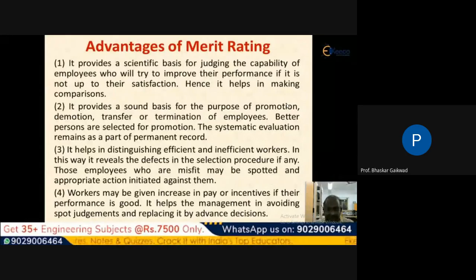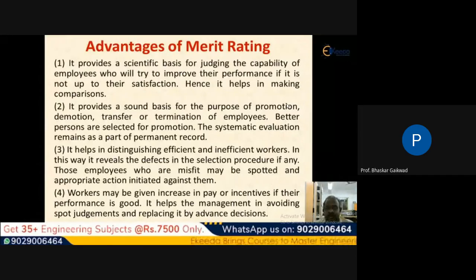What are the advantages? Since we are talking with respect to the employees, it acts as a scientific basis for judging the capability of employees who try to improve their performance.